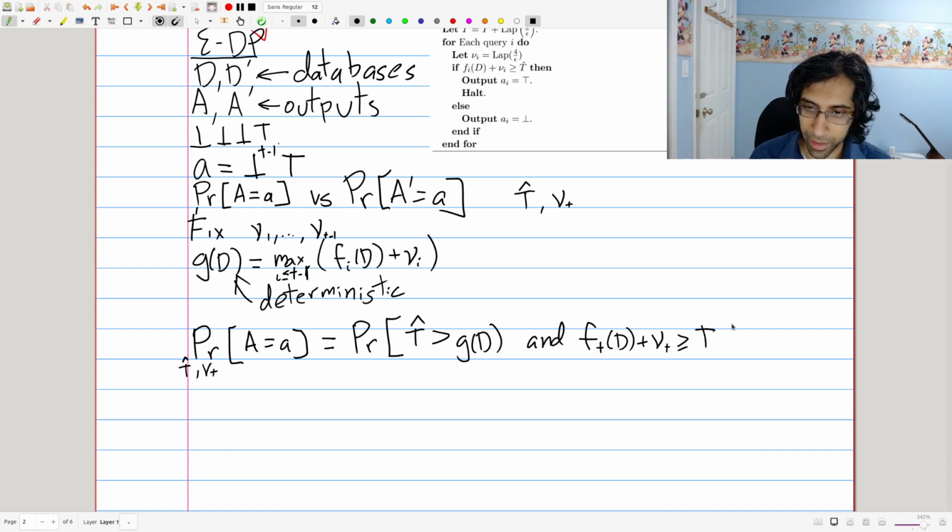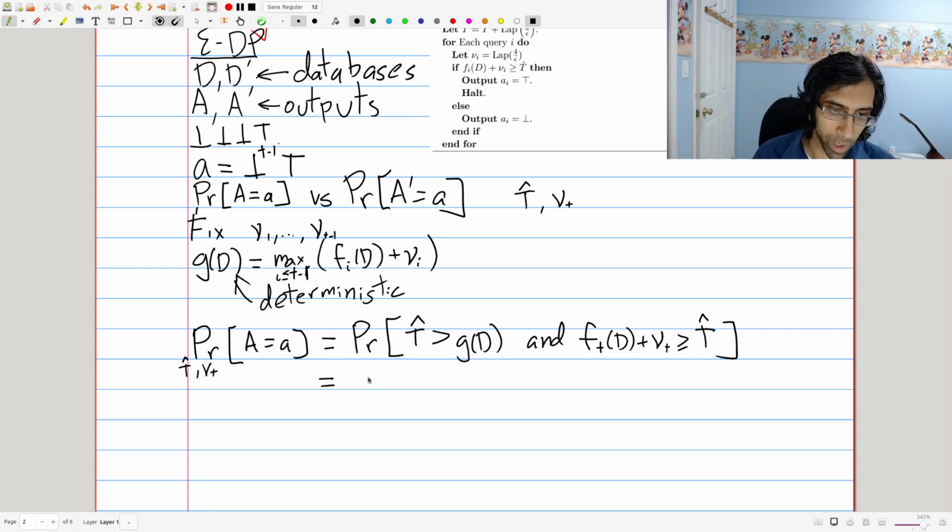You can see this because we need the threshold to be greater than all of the previous queries, so that it outputs bot for all of those. And the last one, we want to actually be above the threshold and output top. These are the two conditions that correspond to giving this output. This controls the first t-1, this controls the tth.